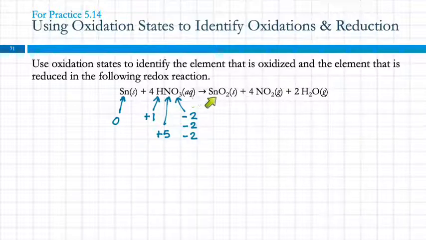So let's look at this one. SnO2. Is this an ionic compound? Yeah, it's a metal and a nonmetal. So we're just going to assign oxidation states that are equal to the ion charges. What's the charge on the oxide ion? -2. There's 2 of them, and they're each -2, right? The actual ion charge is -2, and the oxidation state is the same.